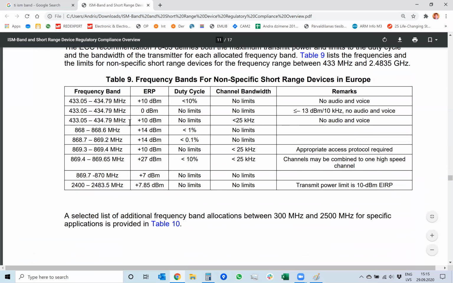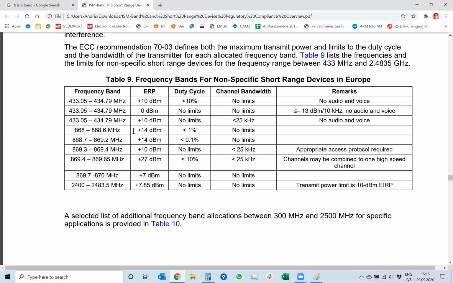For example, for 868 to 868.6 megahertz, you can send the signal with power plus 14 dBm, which is 25 milliwatts, but you can talk no more than 1% of the time. Channel bandwidth has no limits, it just has to be within this frequency, this TX bandwidth, okay?